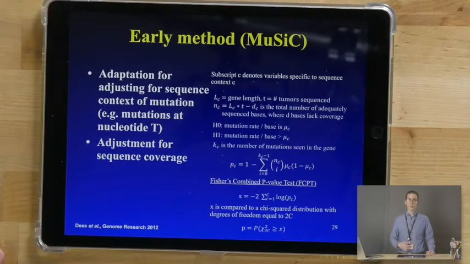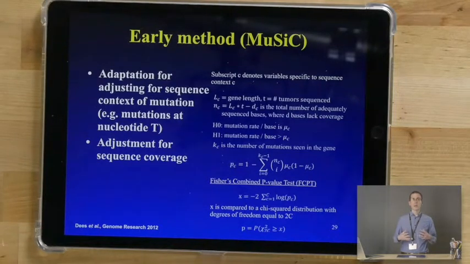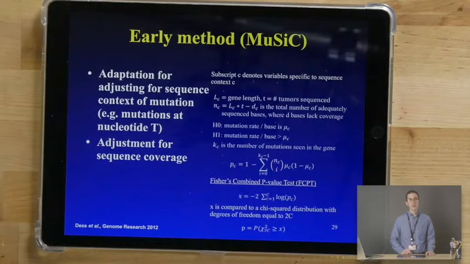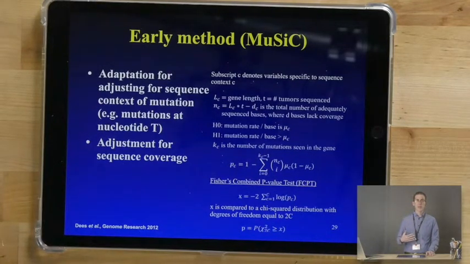And one other adjustment you can do, going back to previous modules, is to adjust for sequencing coverage. Some DNA bases from your sequencing runs may not have had enough sequencing reads to adequately call mutations. So you can subtract out the bases that don't actually have the potential to have a mutation call.